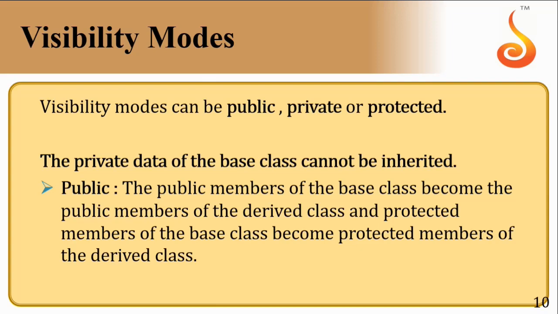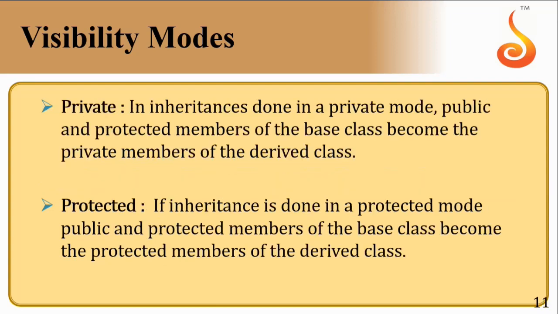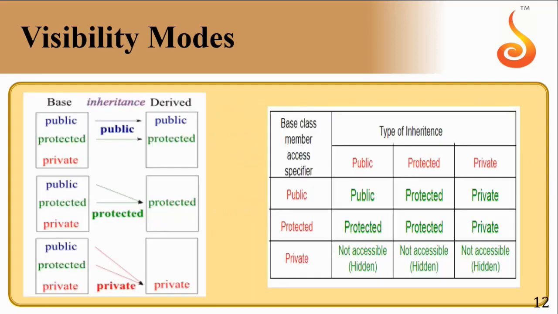If the visibility mode is public, private data you cannot inherit. In this diagram you can see, for example, a base class with some member functions and data members under public, some declared under protected, and some under private.